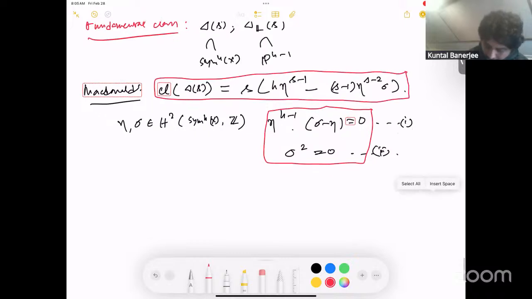Okay, and then this delta LS is actually the intersection of this delta S with pH minus 1.